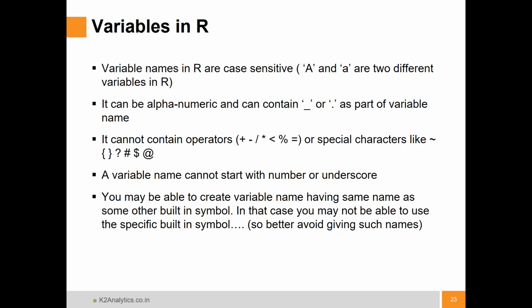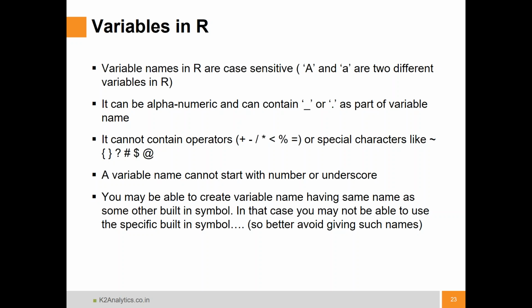Thirdly, special characters like plus, minus, division, multiplication, dollar, pound, hash, braces, bracket, question mark, these kinds of special characters and mathematical operators cannot be part of a variable naming convention. Finally, it was suggested that we should try avoiding inbuilt variable names.